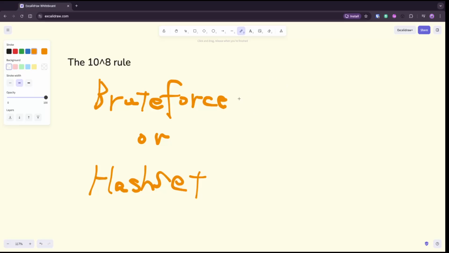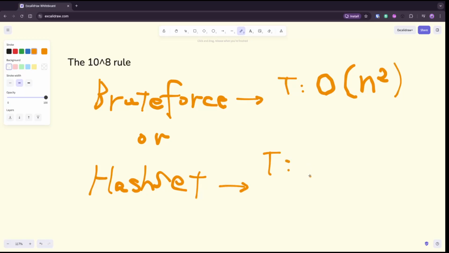The brute force approach's time complexity is big O n square, because in brute force we use double loops. And the hash set approach's time complexity is big O n, linear time.